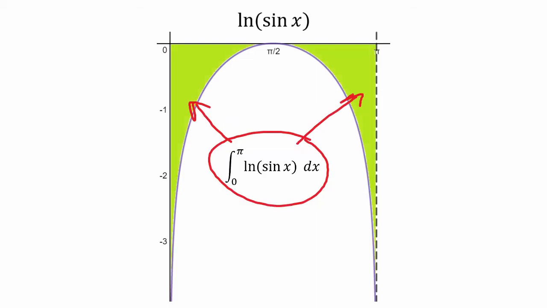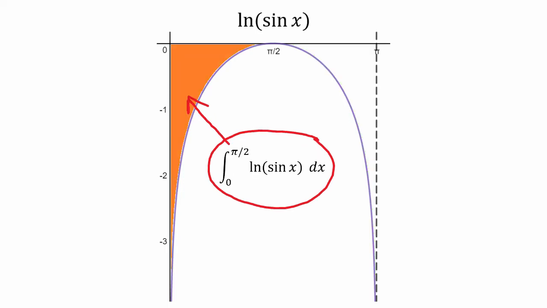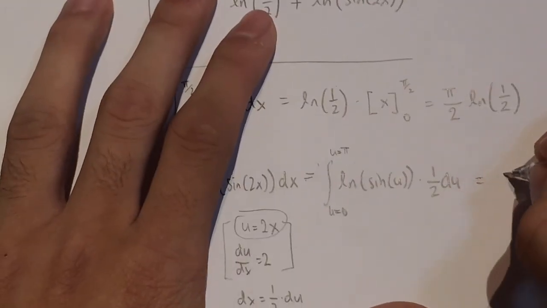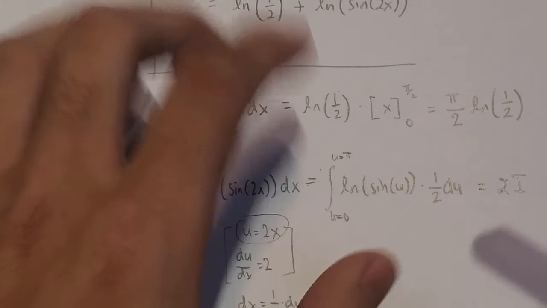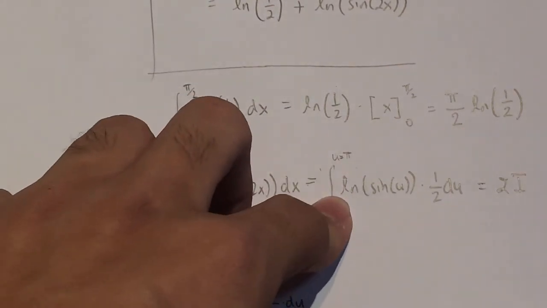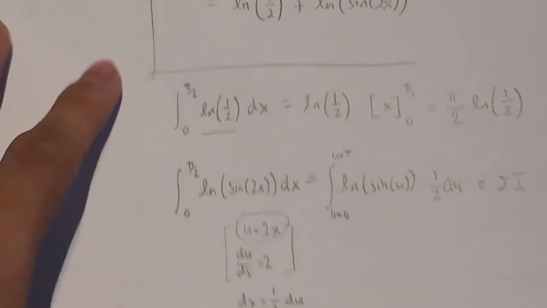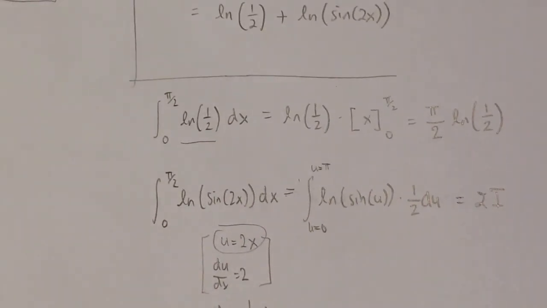And so this here would basically be double of whatever the integral was all the way up here. So ultimately, this bit here just equals 2I, because the area under the graph for natural log of sine u from 0 to pi would just be double of what it is from 0 to pi over 2.